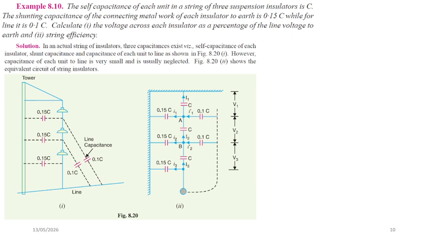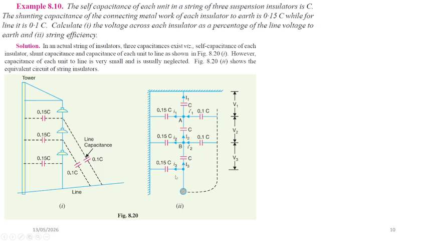Because the capacitance connected to the earth and line creates additional charging current, the current through each insulator unit is different, leading to a non-uniform voltage distribution across the string. I'm just trying to repeat every time the physics behind these examples. The voltages across the three insulator units are represented as V1, V2, and V3, where the unit nearest to the conductor experiences the highest voltage stress. We will find that later.